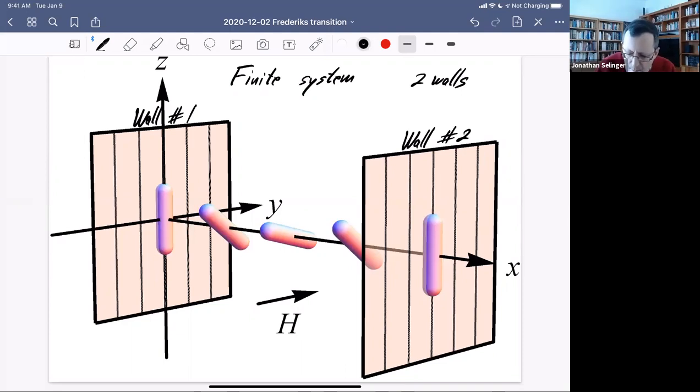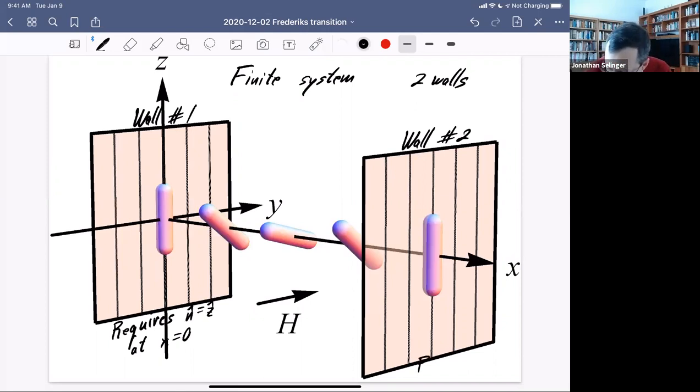And now both of these walls require the director to be in the z direction. Okay? So these walls are both rubbed in parallel ways. So this wall requires n in the z direction at x equals 0.